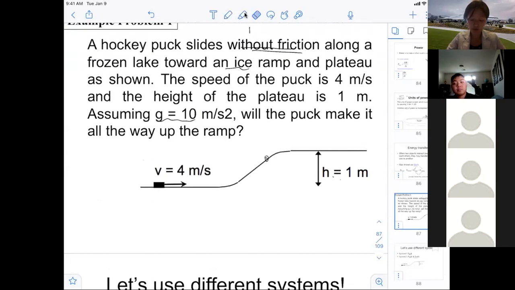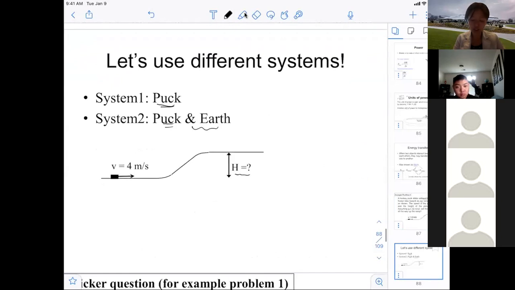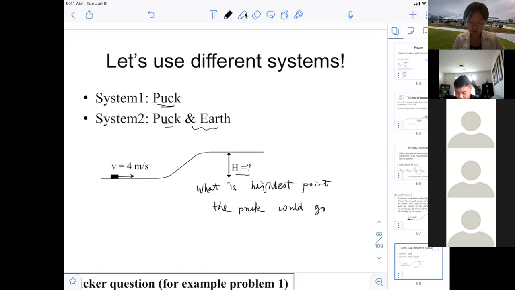Then we would say the puck did not make it all the way up the ramp. So the question is, what is the highest point the puck could go? That interprets the original question as another question: what is the highest point the object could go? So we want to calculate h. That's our goal.